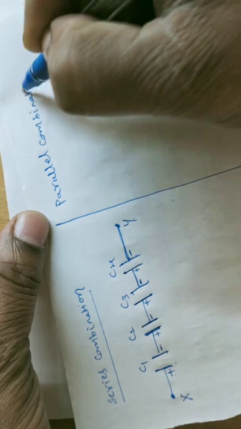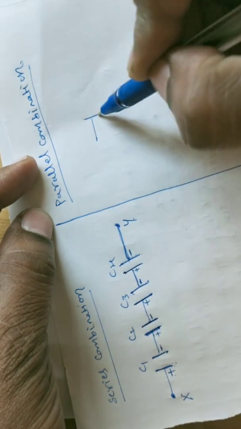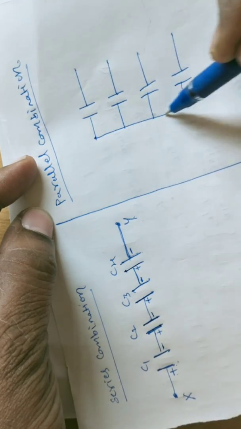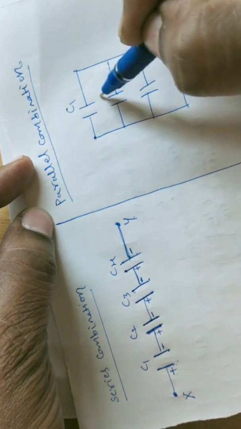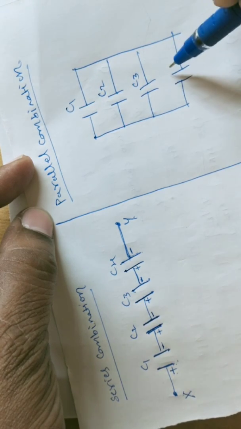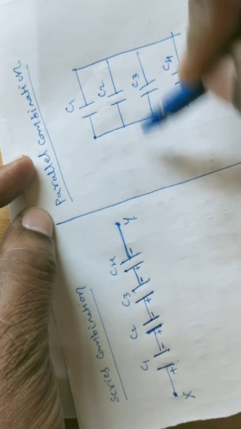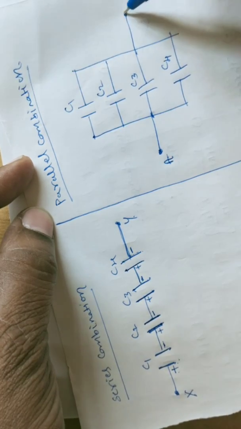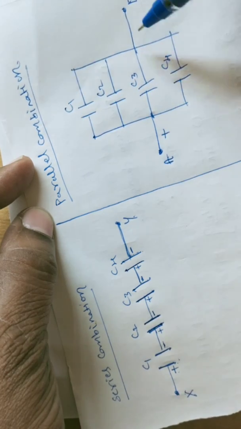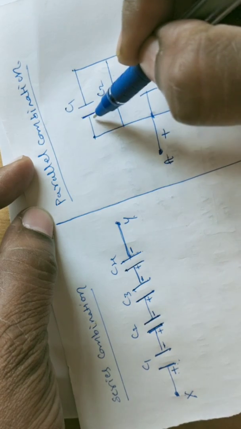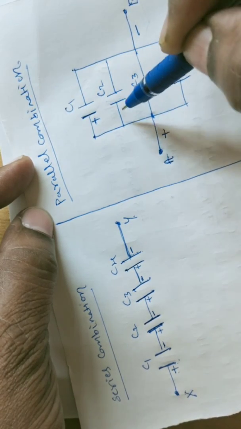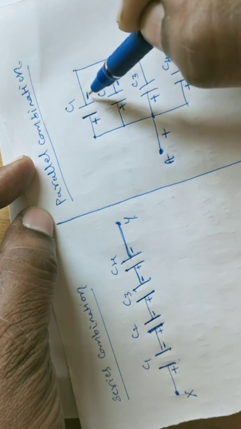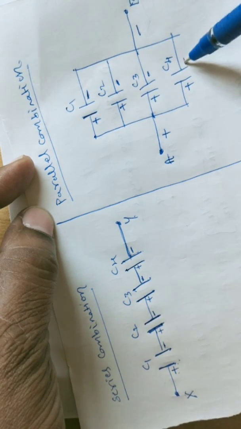Here also I am taking a few capacitors like this: one capacitor, another capacitor, another, and another. Let these be C1, C2, C3, and C4. We give terminals like this, maybe A and B. Let this side be positive and this side negative. The first capacitor has some positive charge on this plate, and here also positive, positive and positive. The other plates are all negative.